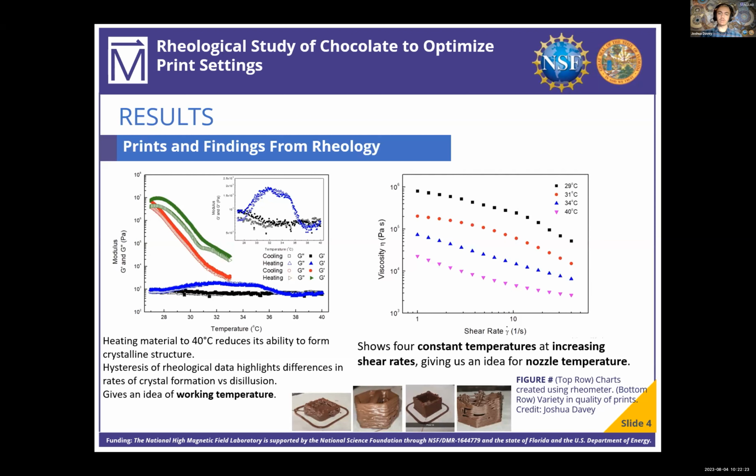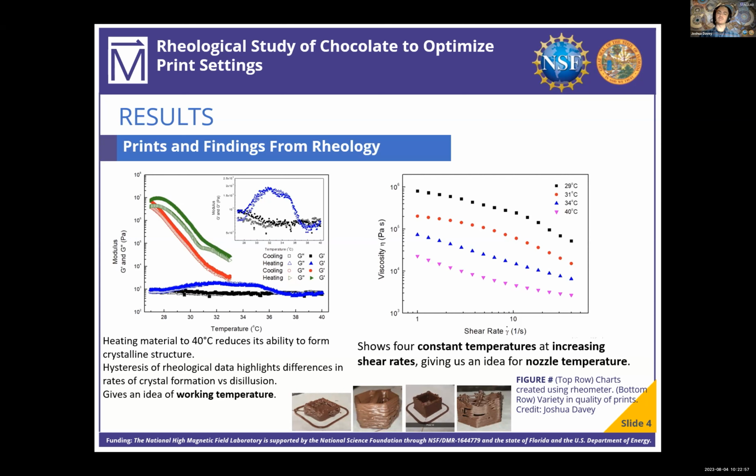The chart on the right is a shear rate versus viscosity graph displaying 4 different constant temperatures at a slowly ramping shear rate. This chart is great for us because it shows us how the chocolate is going to behave under a variety of different conditions, right? This chart is great for telling us a good nozzle temp, because as we apply pressure to the material using a piston pushing it down behind it, we get an increasing shear rate as this material flows into the nozzle.